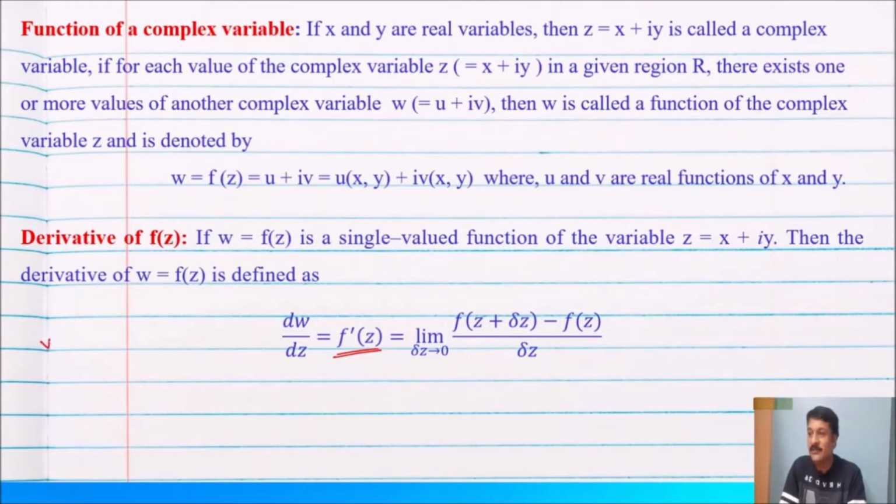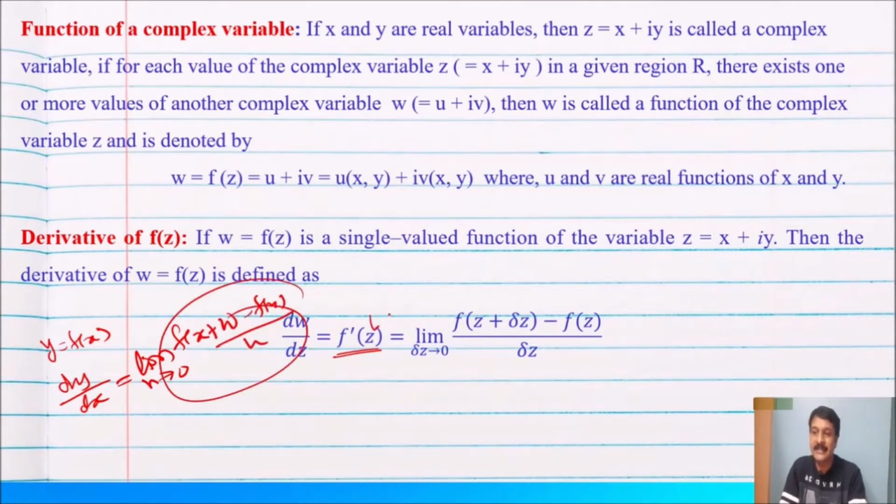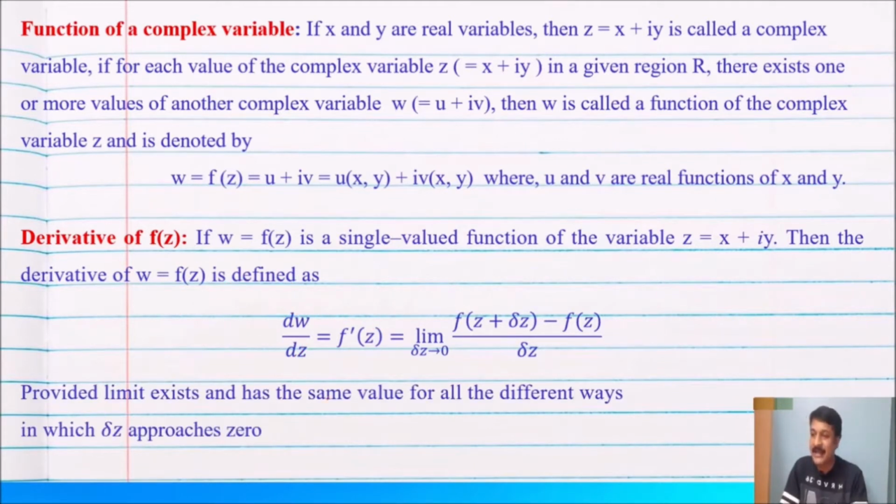As you know, if y equal to f of x, then by the first principle, dy by dx is the limit as h tends to 0 of f of x plus h minus f of x upon h. Similarly, in the same manner, I can define the derivative of f of z, provided the limit exists and has the same value for all different ways in which delta z approaches 0. This is a very important part: different ways in which delta z approaches 0.